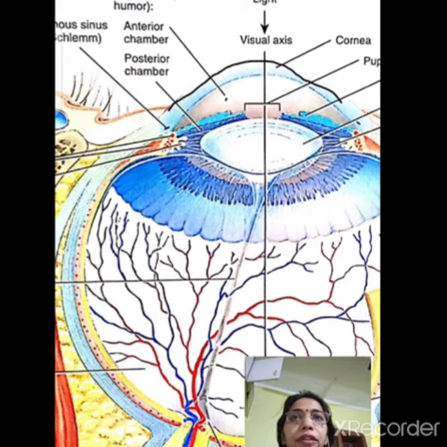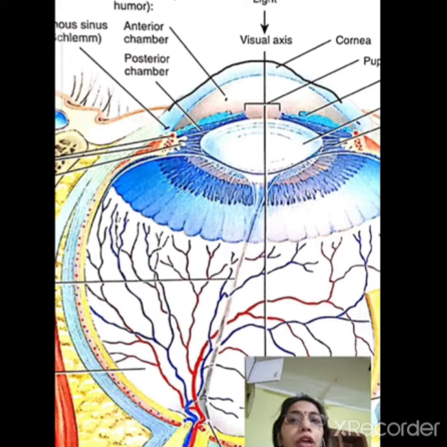We have different eye colors like black, brown, light brown, blue, green. These are the colors of the iris, the muscles around the pupil, and the iris is covered by the cornea, this transparent coat.